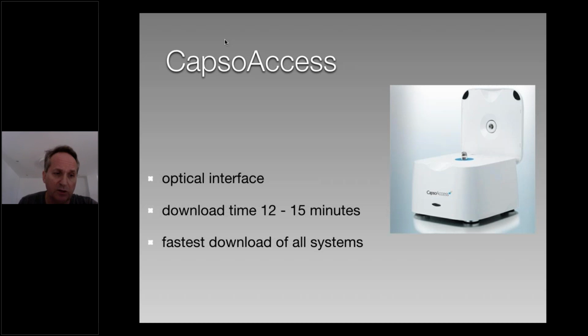So that's the absolute fastest download of all systems. Another good thing is during the download, you can work with the computer, you can look at other examinations, so you can open different windows of the software and work in parallel with it.